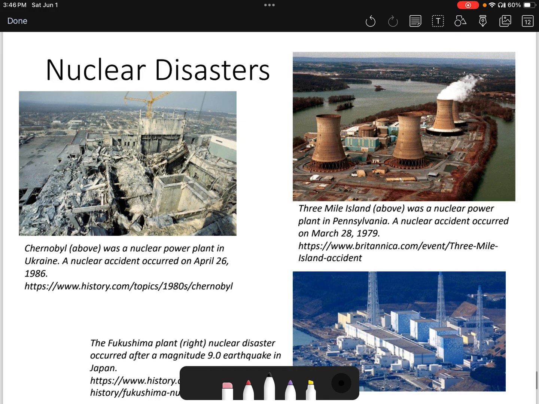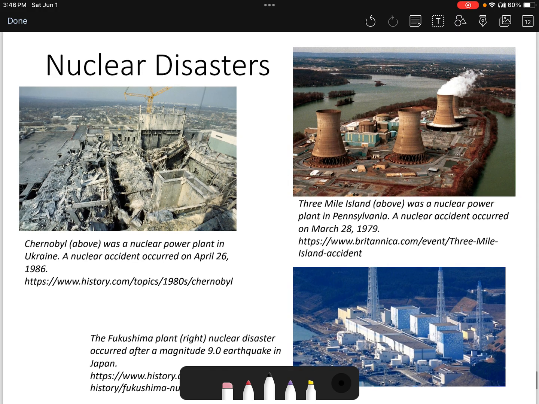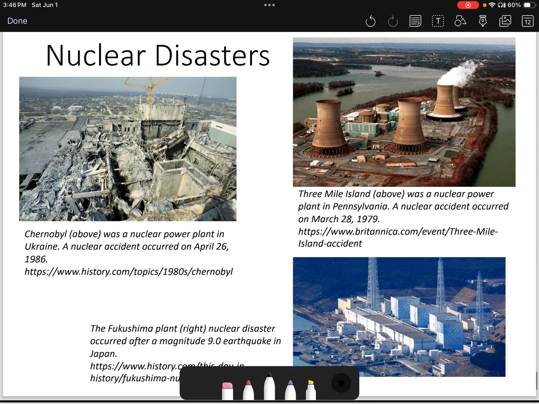So that brings us to nuclear disasters. This is partly why the US doesn't use nuclear energy as much as other countries. So if we start with 3 Mile Island, this was a nuclear power plant in Pennsylvania, and unfortunately, a nuclear accident occurred in 1979.